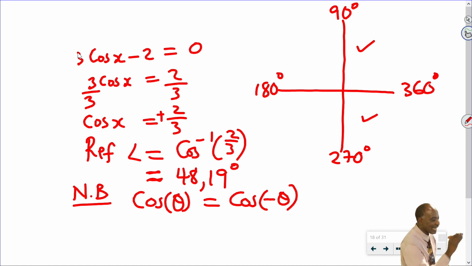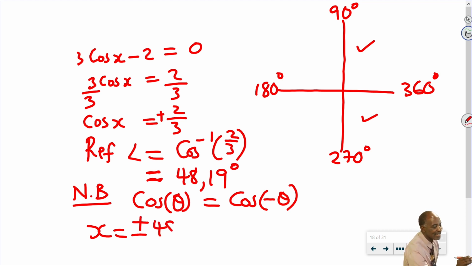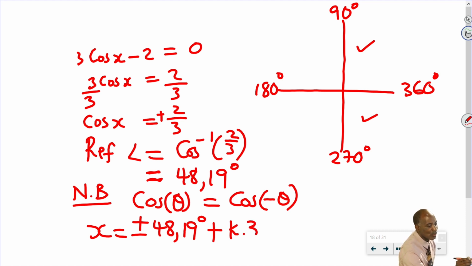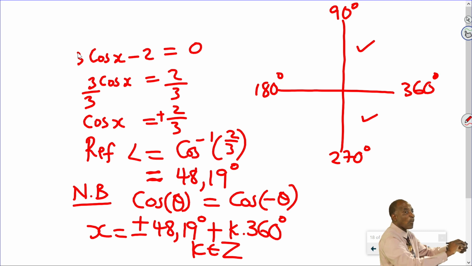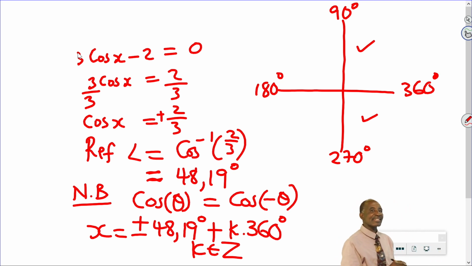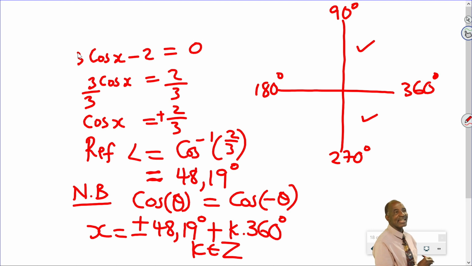So now that I have 48, I can say my x as a solution is going to be plus or minus 48.19 degrees plus k, the period of cosine is 360 degrees, for k an element of integers. This is a complete solution in as far as the cosine graph is concerned.